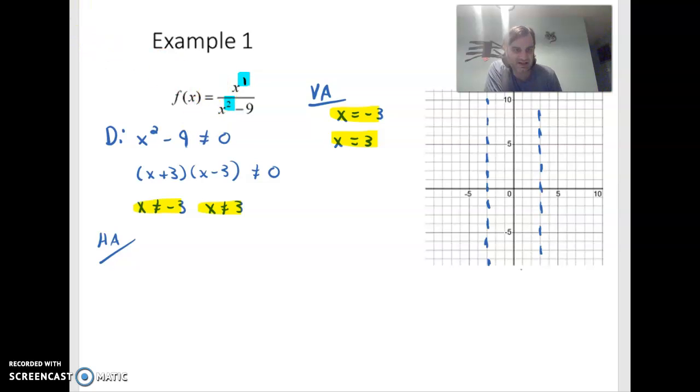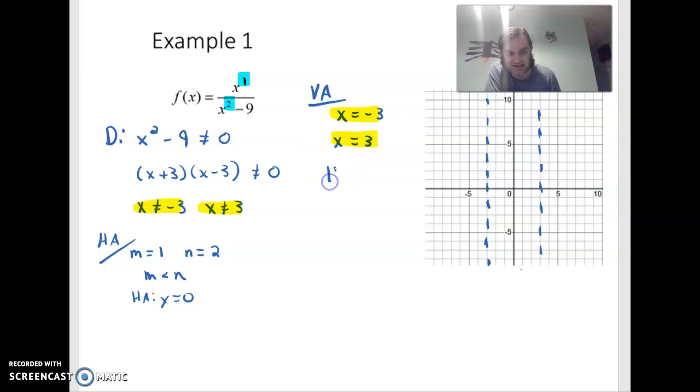So if you go back to your horizontal asymptote rules where m is your top exponent, in this case 1, n is your exponent on the bottom, in this case 2, m is less than n. Remember, that led to the fact that we'd have a horizontal asymptote at 0.